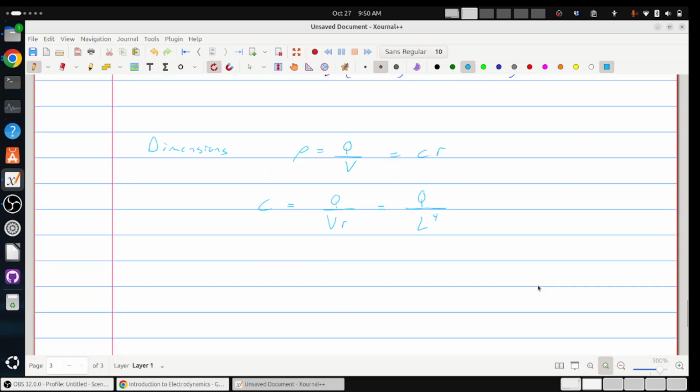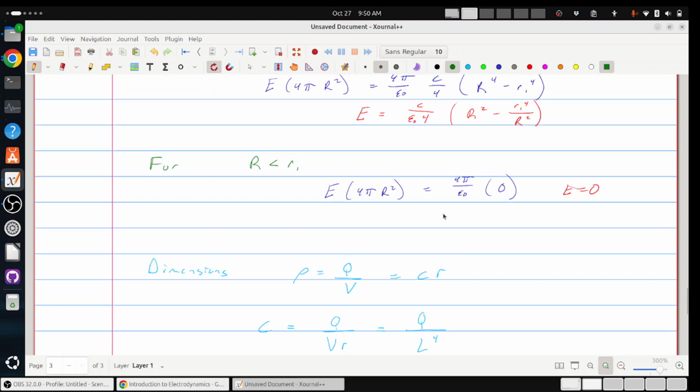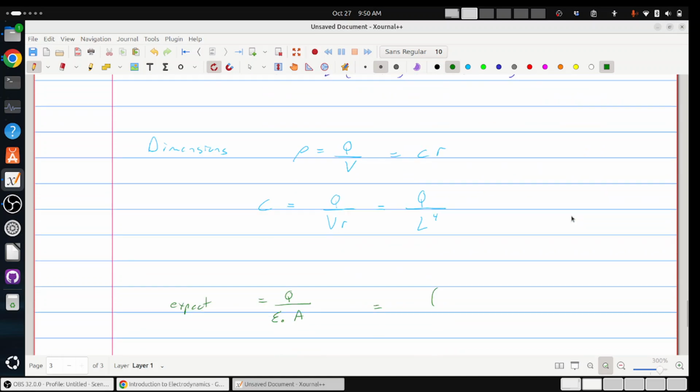Because typically what I'm going to have for this sort of situation is some sort of Q over epsilon naught and some area type unit. And so what I've got is up on top, I've got a C, and so that's going to be a Q per length to the fourth. I've got the epsilon naught on the bottom.